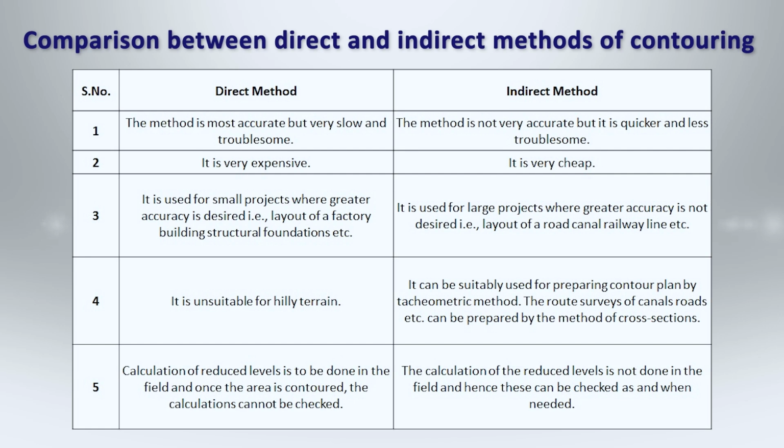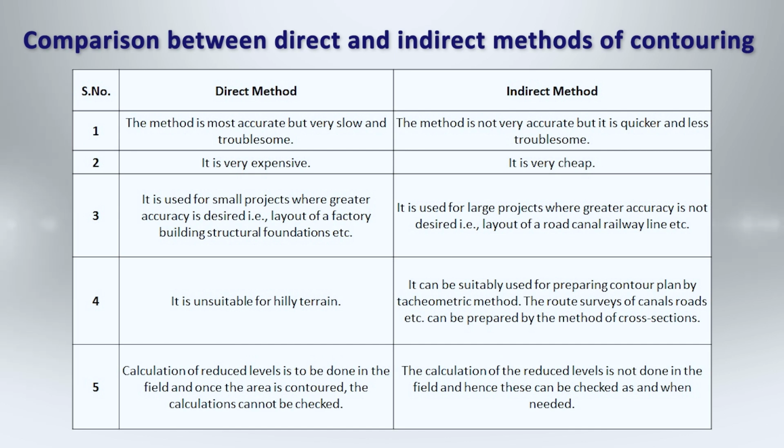As we wrap up this lecture, let us compare the direct and indirect methods of contouring. The direct method is most accurate but very slow and troublesome. The indirect method is not very accurate, but it is quicker and less troublesome. The direct method is very expensive and the indirect method is very cheap.